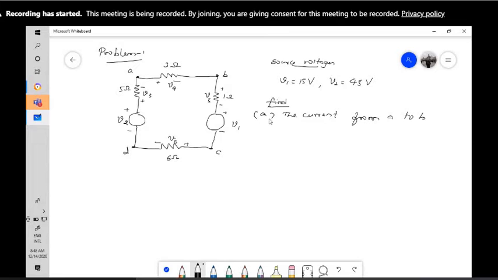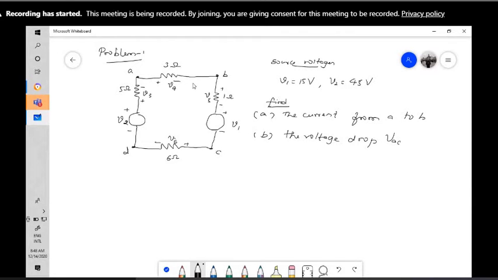A and B are marked there, if you can see the diagram, and you should also find the voltage drop from A to C. So between A and C, how much is the voltage drop?